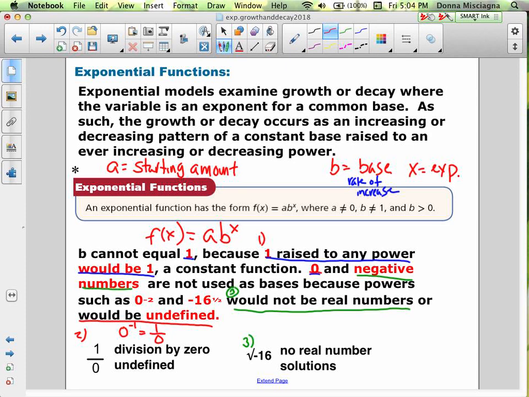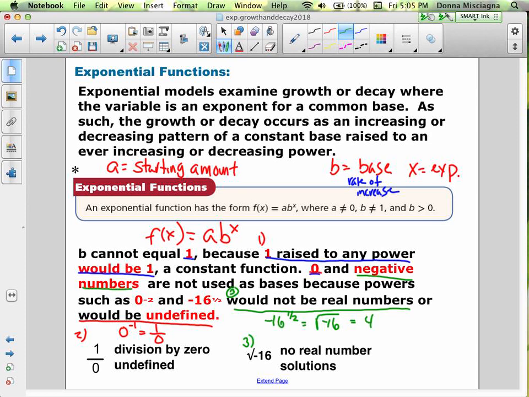So that's why 0 cannot be our base. And then lastly, we can't have negative numbers. So our base cannot be negative. Our exponent can be negative, but not our base. On the third blank there, you're going to write negative numbers. And the reason why is because they would not be real numbers or would be undefined. For instance, if I had negative 16 and I raise that to the 1/2 power, that's the same as the square root of negative 16, which we know is a complex number.